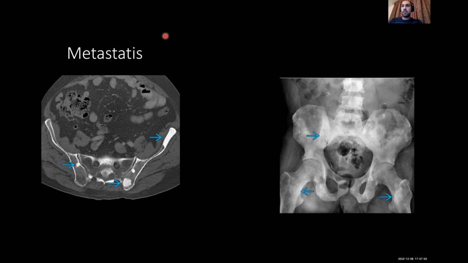Anything in the chat? Okay, great. Thank you so much. In the FRCR, breast cancer is considered one of the reasons for sclerotic mets, not lytic mets, although breast can send sclerotic or lytic mets. Okay.